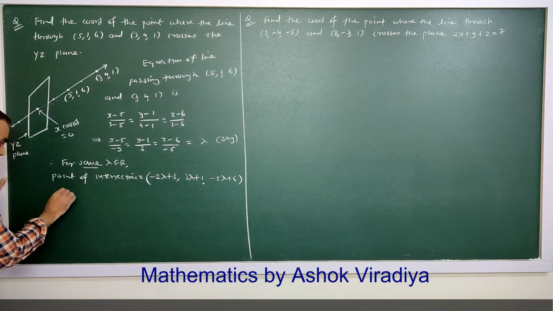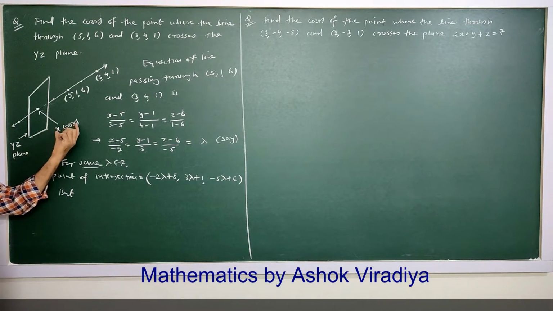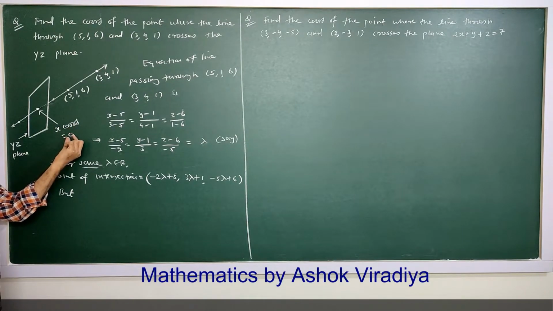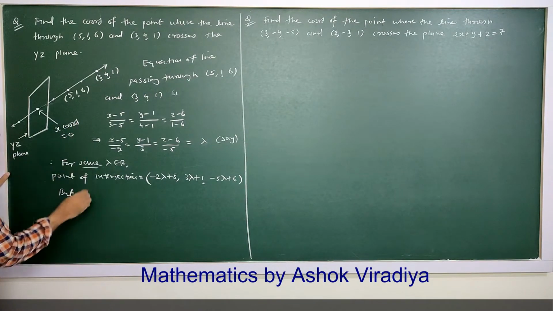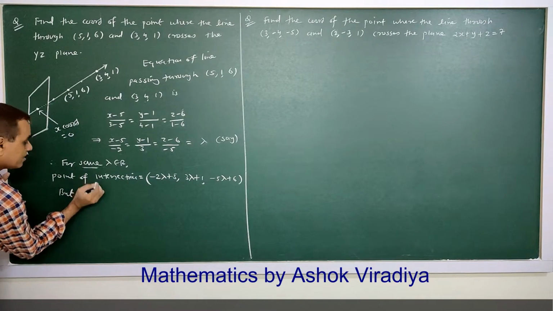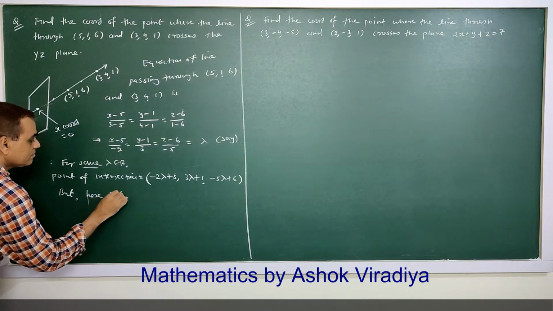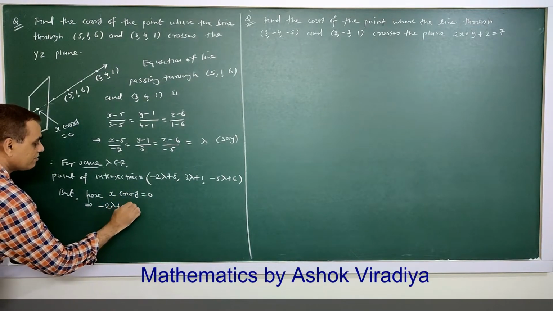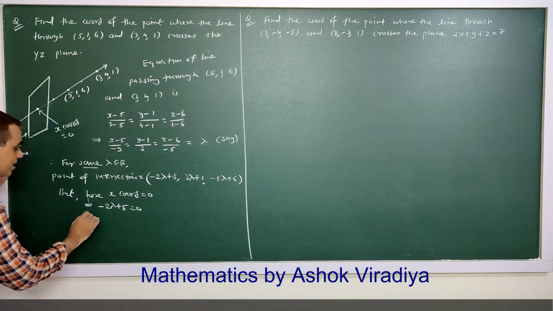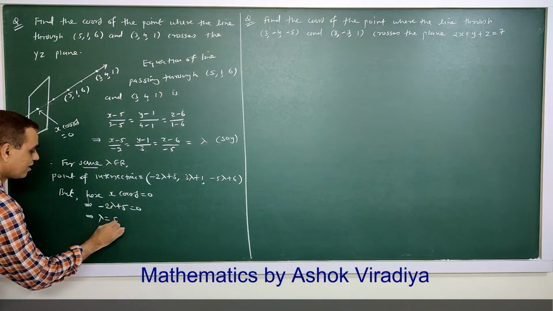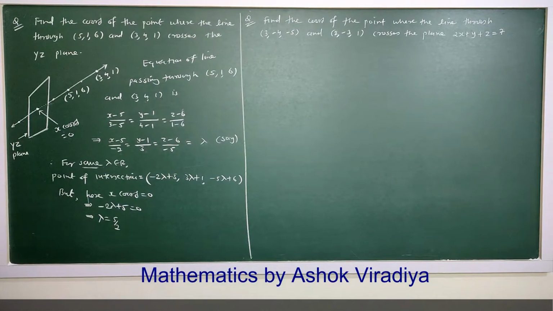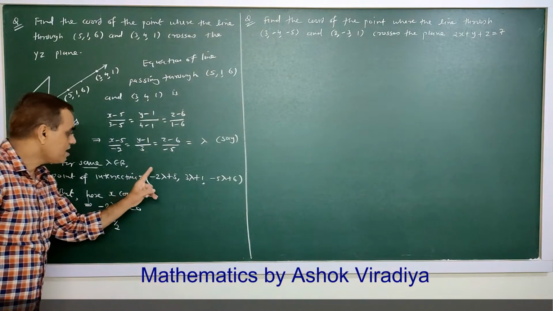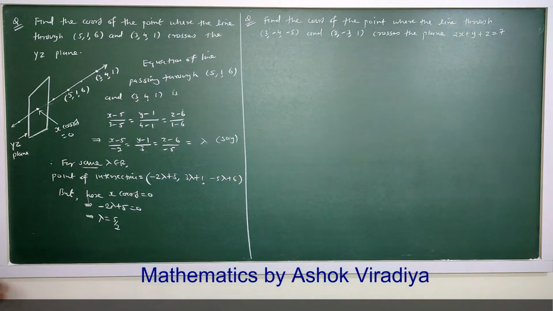But for the point of intersection, the x coordinate is 0. That means minus 2 lambda plus 5 is 0. So lambda is equal to 5 by 2. If we put lambda as 5 by 2 here, we get the point of intersection with the YZ plane.